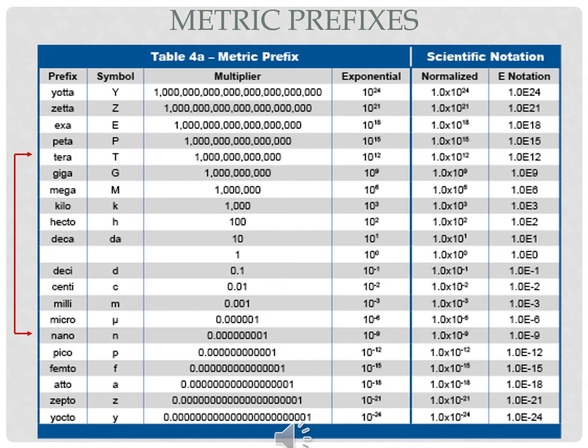For instance, if we want to figure out how many grams are in 2,000 centigrams, we look under the multiplier column for centi. It says 0.01, so we would simply multiply 2,000 by 0.01, and we would know that 2,000 centigrams is equal to 20 grams.